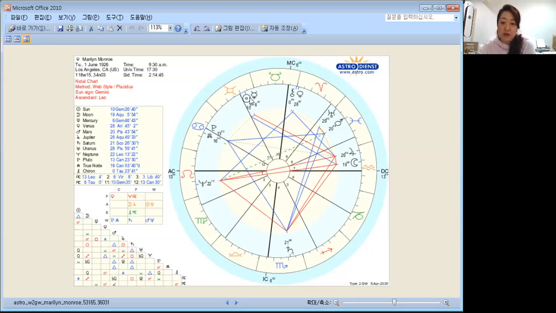It's probably a combustion, okay? So there's going to be some harmful effect as well as the Sun's beneficial effects. It's going to be a mixed thing here. Okay, but whatever she does, if you have anybody who has Sun in their 10th house, you're going to be in a leadership position. You're going to be the boss. You're going to be this really shining sort of figure. That's kind of a given, right?